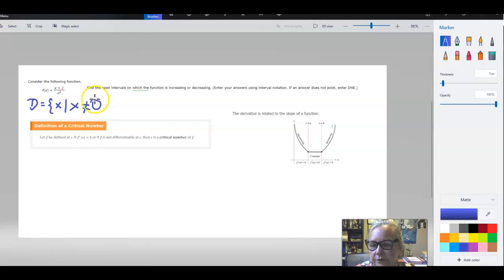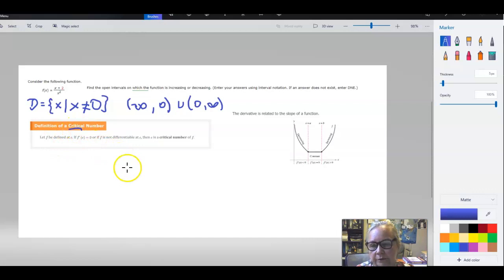In interval notation, it will be negative infinity to 0 and 0 to positive infinity. So we need to find the critical numbers.